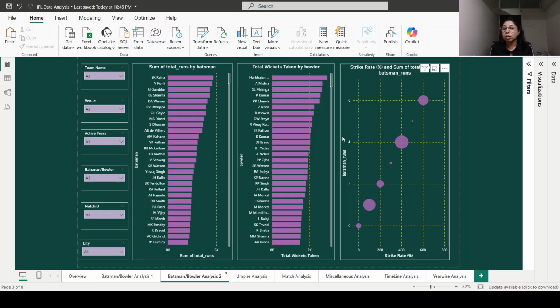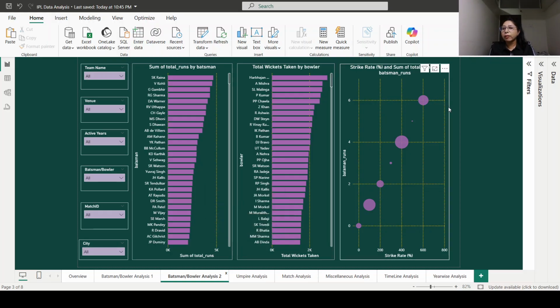Here I have given a slicer for more granular data extraction or insights. This is further about batsman and bowler analysis, where we can see the total runs by the highest scoring batsman, and the wickets taken, similar to what we had seen earlier but in a different format.